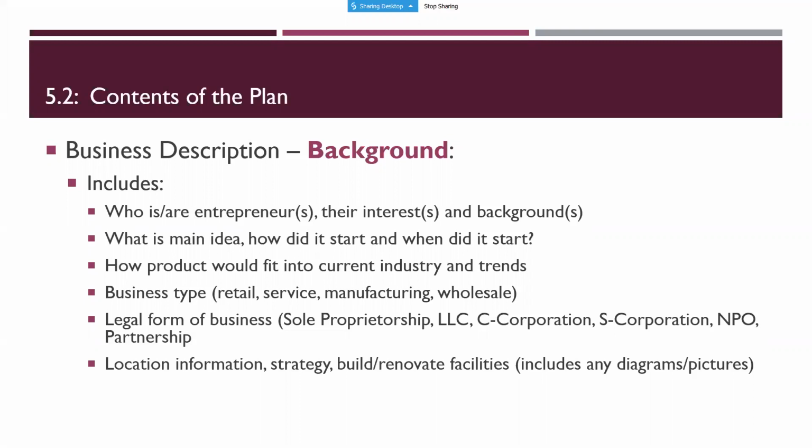So in their revamped business plan, they may include some diagrams of what their buildings are going to look like, their facilities. If they're going to expand, where will they expand to, and what might that look like?